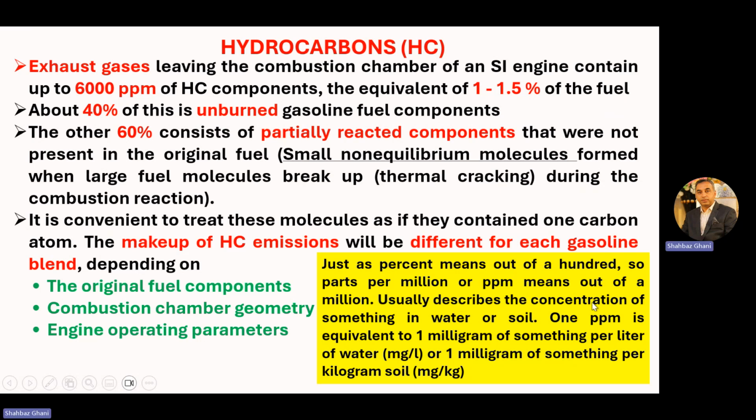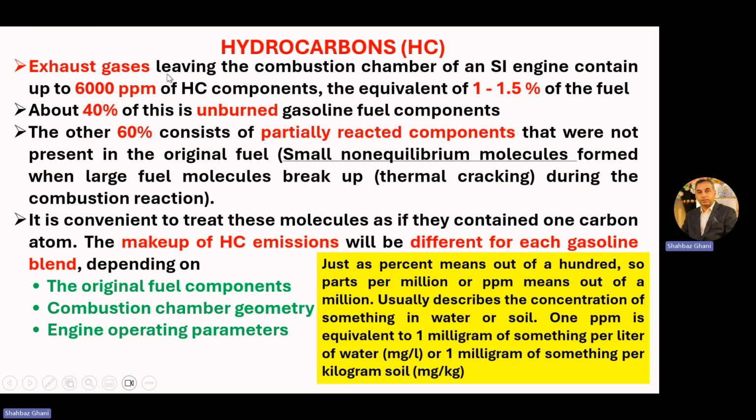It usually describes the concentration of something in water or soil. 1 ppm is equivalent to 1 milligram of something per liter of water, mg/L, or 1 milligram of something per kilogram of soil, mg/kg. Parts per billion is similar.